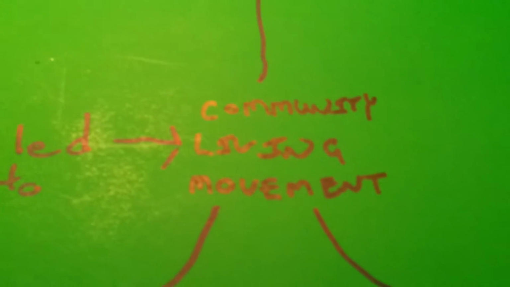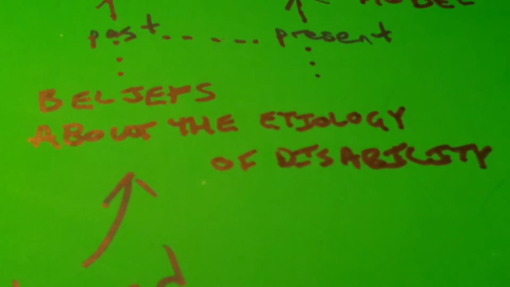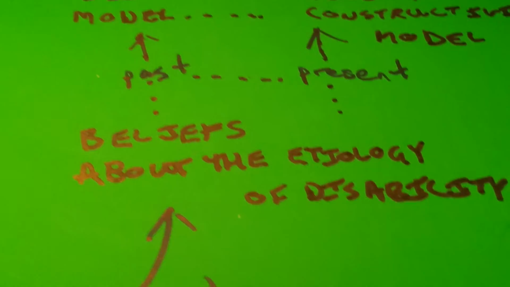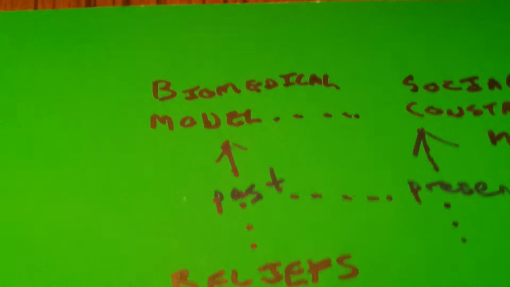The community living movement has caused fundamental changes, and I'd like to highlight 3 changes. The movement changed beliefs about the etiology of disability. In the past, disability was viewed from a biomedical model.